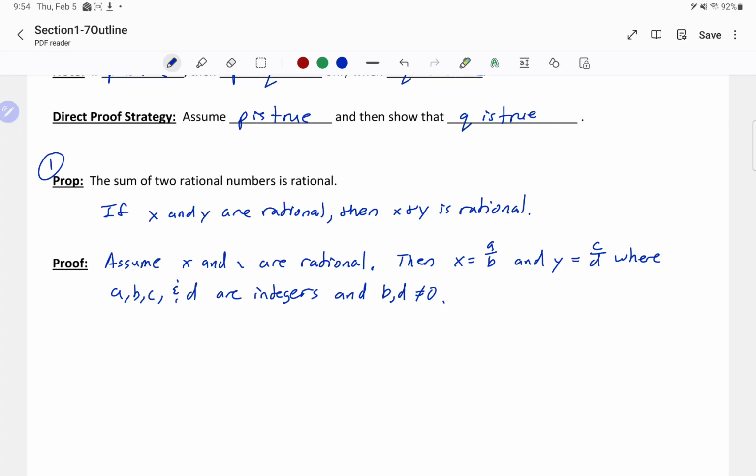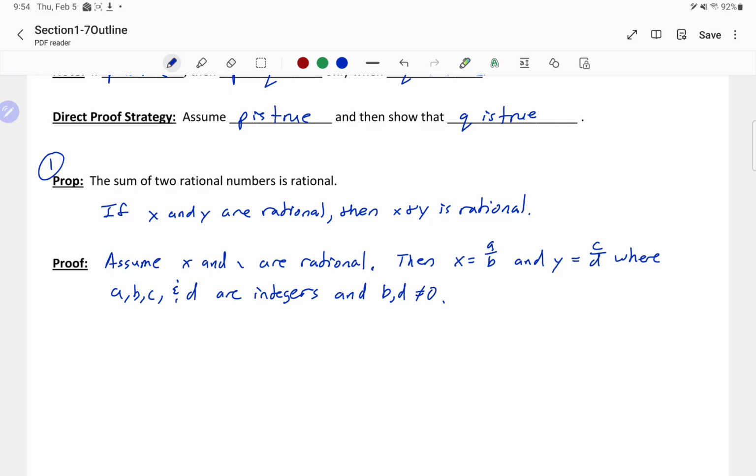So now what would we want to do as our next step? I've written these as A over B and C over D. What would be a reasonable next thing to do? Add them. Yes, let's go ahead and add them.